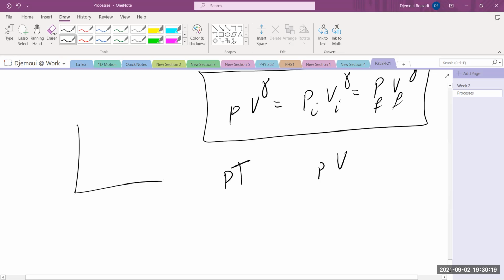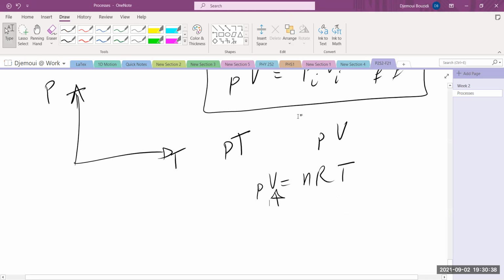In other words, in a PT diagram, there is another expression for the adiabatic process. All you have to do is use the expression PV equal to nRT, get rid of V, and sub it back into this expression, and you will find the new value in terms of PT in the TP diagram. Especially this process is important for the entropy, okay?